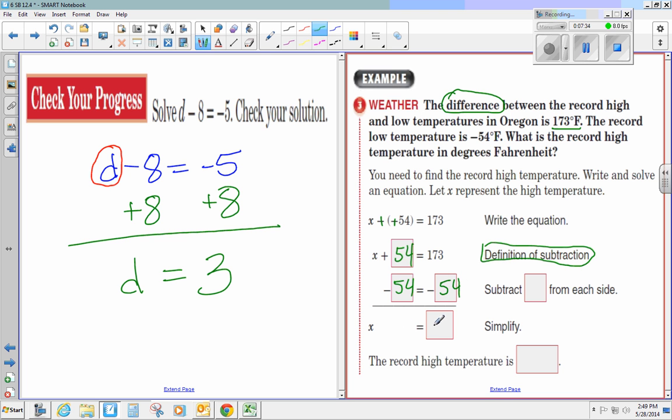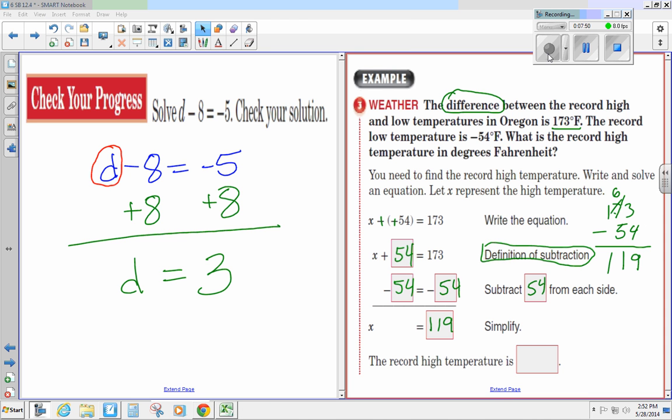So now x is, I think, 119. Because 173 minus 54. And as you can see when you do the subtraction, yeah, it's definitely 119. So the record high temperature is 119 degrees Fahrenheit.